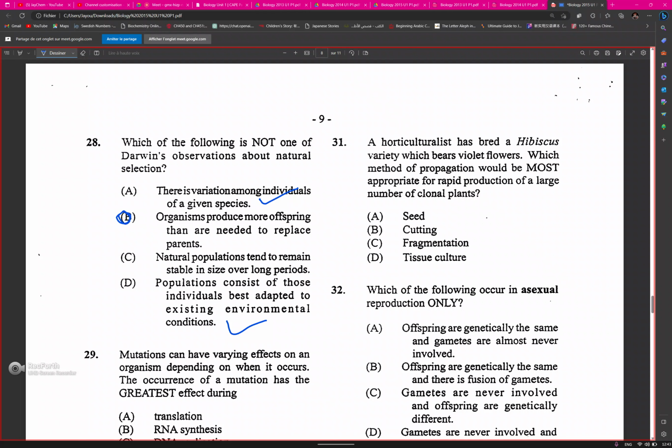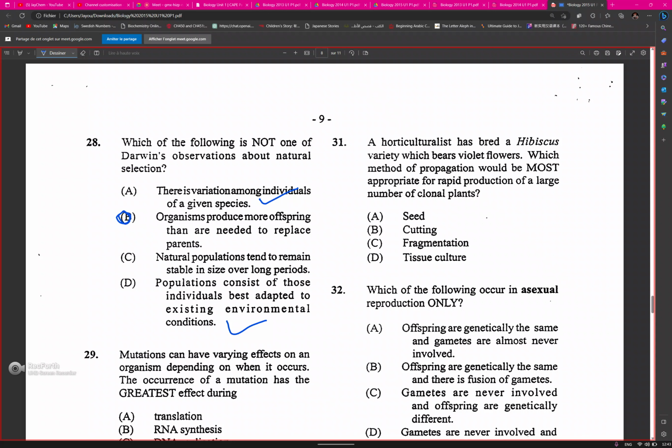Give me a second. Let me see. But can't the population consist of both species with selective advantages and disadvantages? Just that those who have the selective advantages would be small. That's what he's saying about natural populations: they will be stable in size over longer periods.